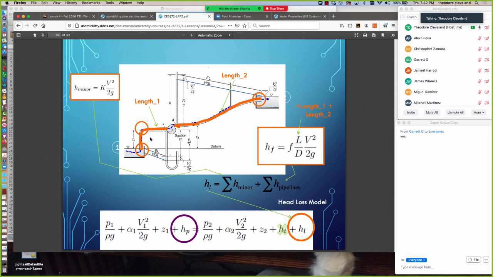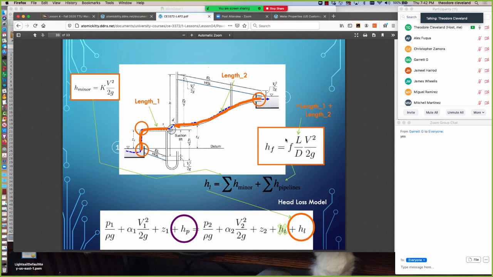So to conclude today, we'll return to this diagram, and we now have all the pieces of a loss model to examine. Talking about everything in orange, the pipeline losses, for example the Darcy-Weisbach one, express the loss on these orange paths in the 2 pipes, so length 1 plus length 2.